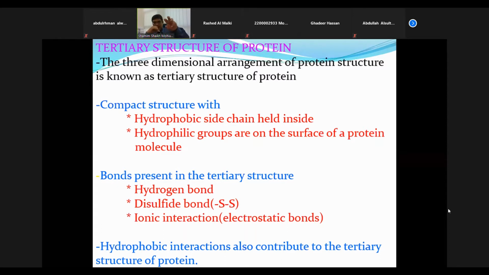All the hydrophobic groups, which don't want to come in contact with water molecules, come inside the structure, and the hydrophilic groups are all on the surface of the protein molecules. Am I clear?